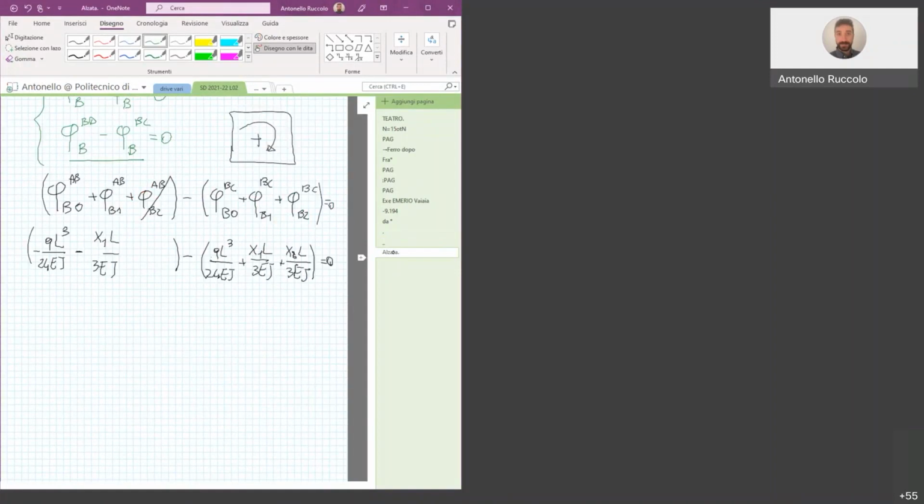Now, honestly, it is quite late, so I don't want to go into details. You can find all the passages on the slide. The most important thing is to be careful about the signs. Please don't take them for granted, because it can change your results a lot and lead you to wrong results in the exercise. So far, so good.